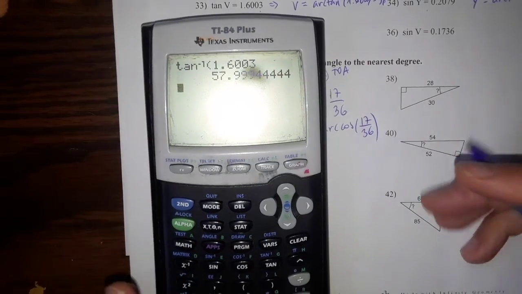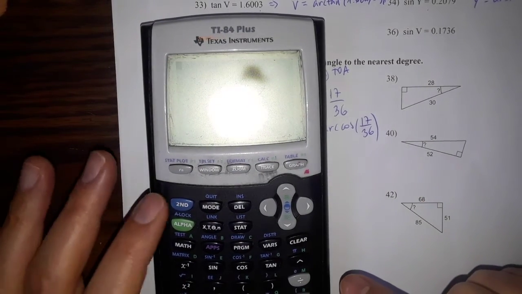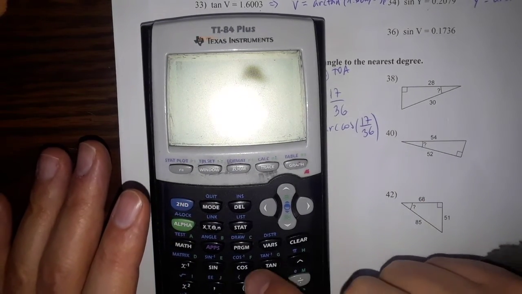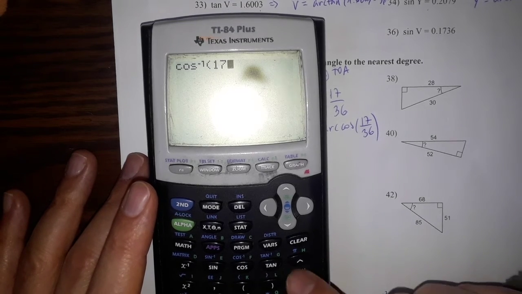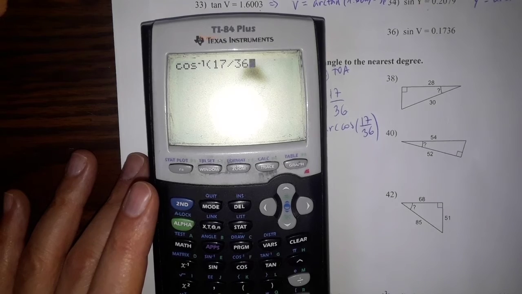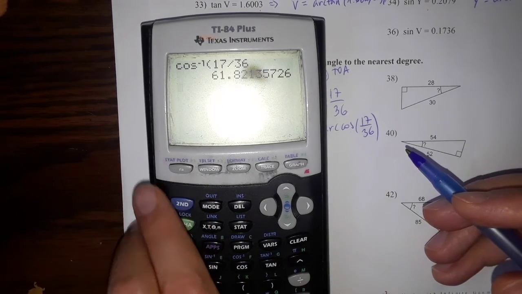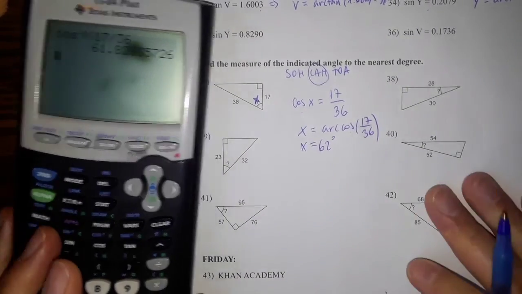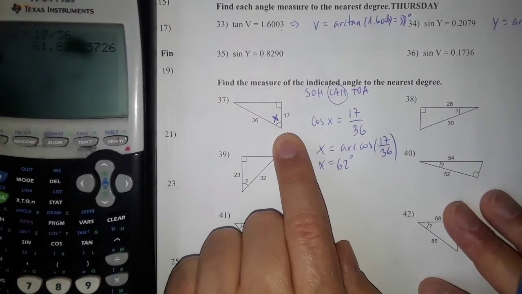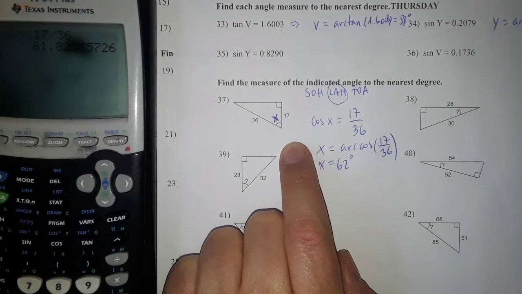And then we do it with the calculator. So we do arccosine of 17 over 36. And that's almost 62. So the answer would be 62 degrees. And if we look at it, this angle looks like a 62. It makes sense.